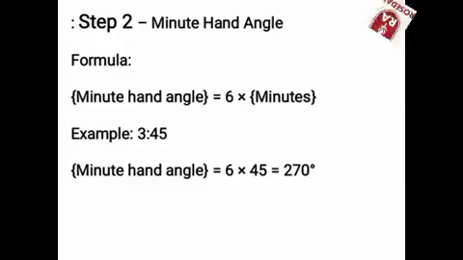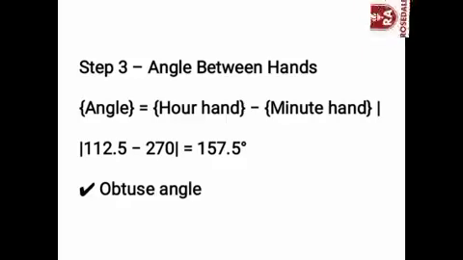The minute hand gotten is 270. So the final stage for us to get our angle is that we must subtract the hour hand from the minute hand, and that will be 270 minus 112.5, and we are having 157.5 degrees.